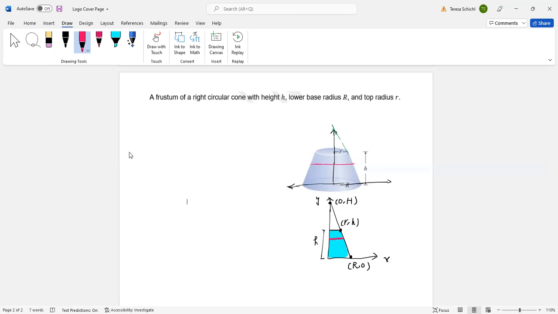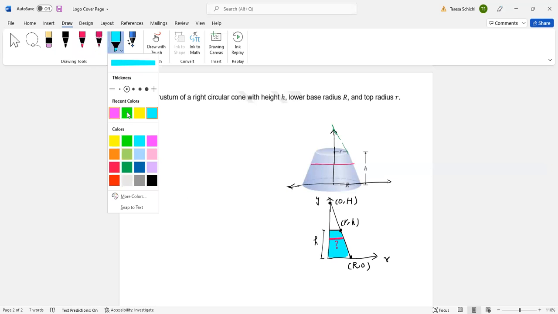Right now I'm taking cross sections according to the y-axis. Now I want to find this radius. If I can find the radius, I will be able to find the area, and then do the integration.